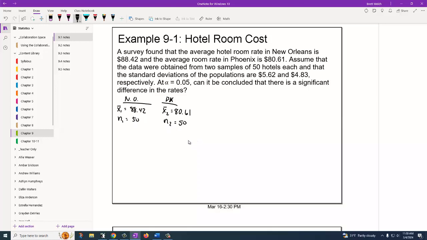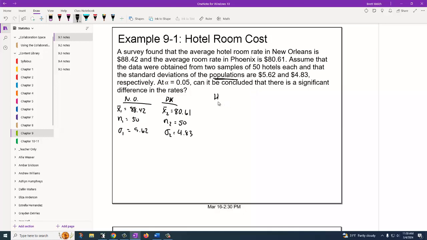Those do not have to match. They often don't. And the standard deviations of the populations, so that means sigma 1 and sigma 2, were 562 and 483 respectively. At alpha equals 0.05, can it be concluded there's a significant difference in the rates?